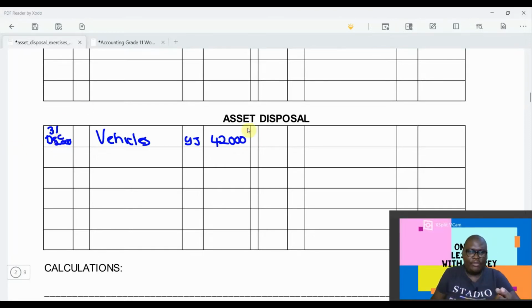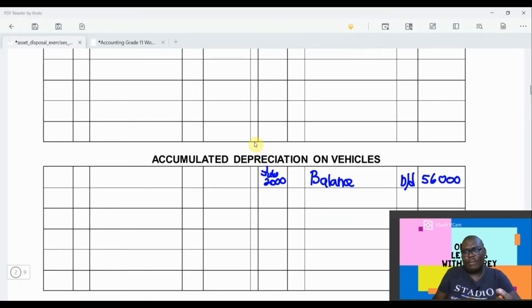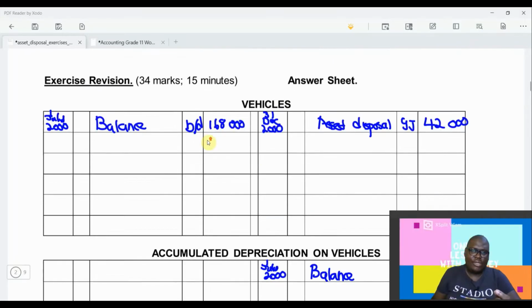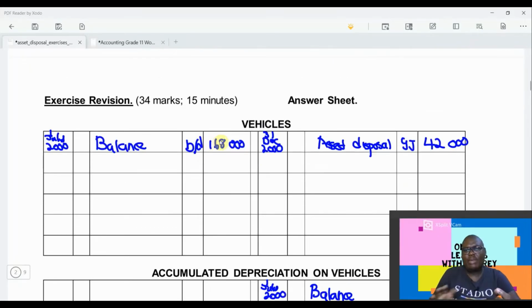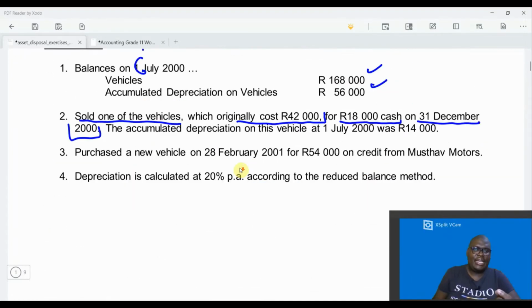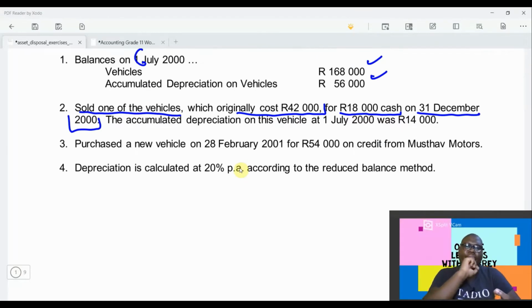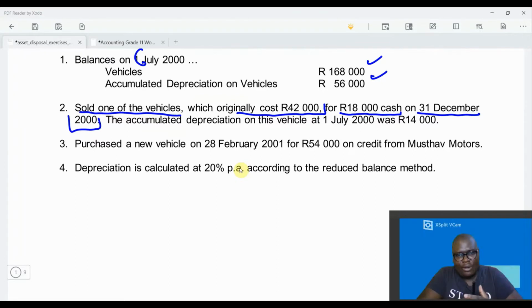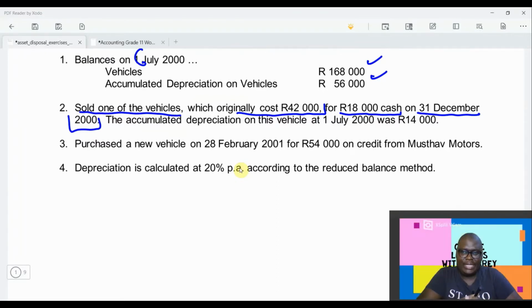And then you are done with showing that this asset has gotten out of the business. But remember, we have only dealt with the cost price. So let's go to the transaction and understand what more should be done. Now they're saying that this vehicle, which cost 42,000, was sold for 18,000 cash.